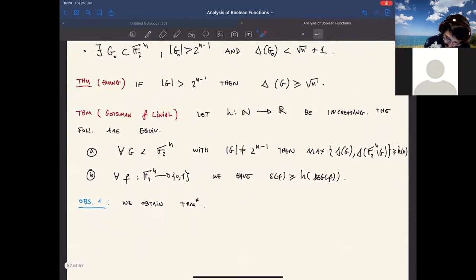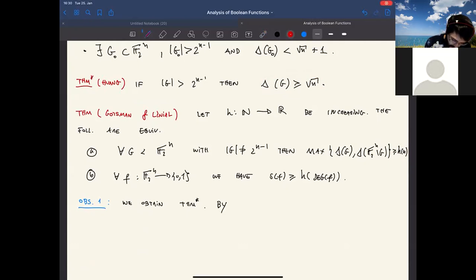Huang's result says that if the graph has different than 2^(n-1) vertices, then either it or its complement has more than 2^(n-1) vertices. So for one of them, you'll have this bound. So you can take h to be square root of n.